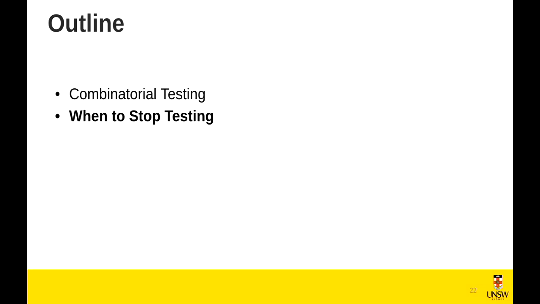The key idea behind combinatorial testing is that interactions of input parameters or configuration options of a particular piece of code, a program, or a system could lead to errors. And this is the rationale of combinatorial testing.